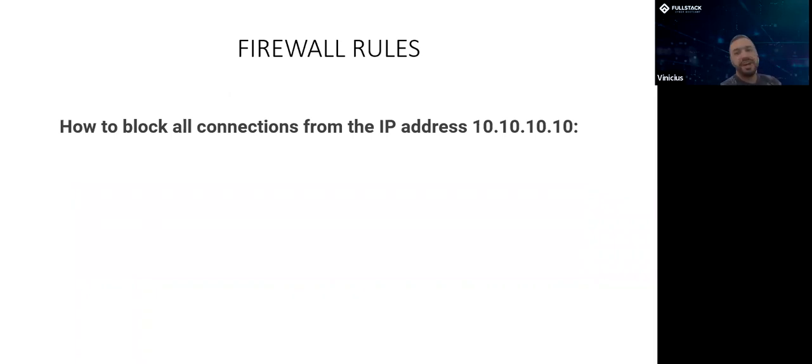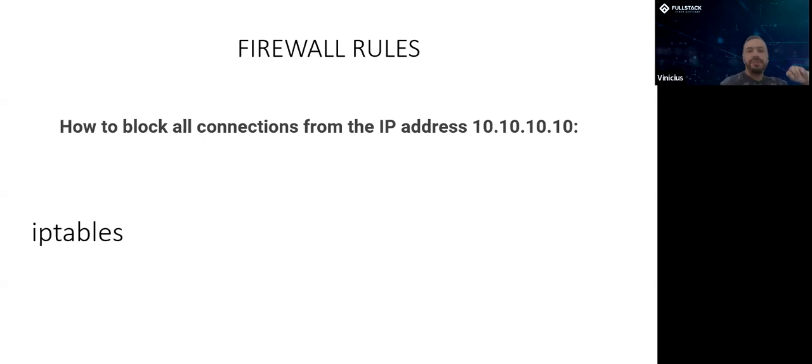I need help here. How can I write a firewall rule in IP tables to block all connections from the IP address, everything that is coming from 10.10.10.10? I'm going to give you the first thing, iptables. What should I put next? I want to block all connections from the IP address 10.10.10.10.